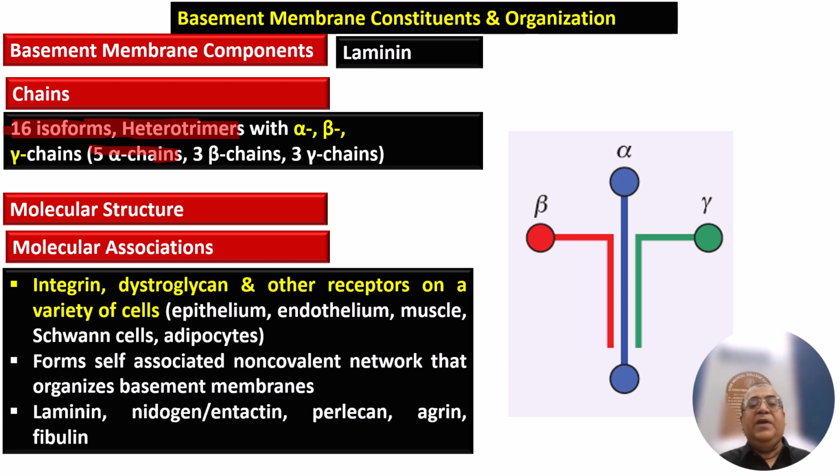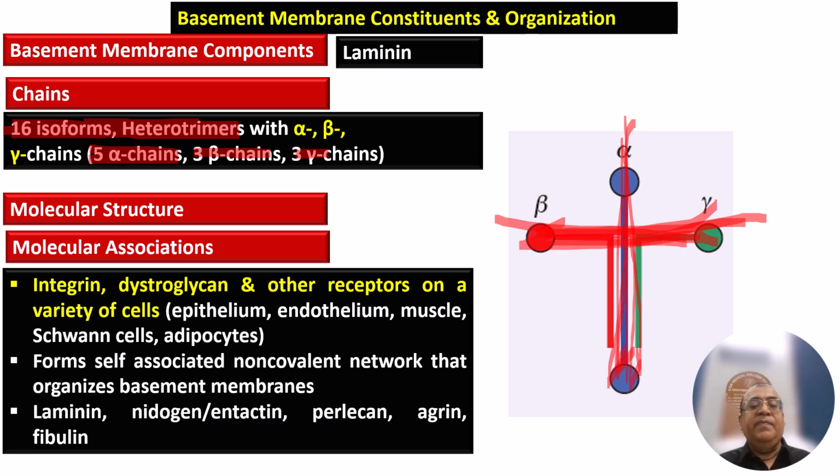There are 5 types of alpha chains, 3 beta, and 3 gamma chains identified. So this is its molecular structure. It is a cross-like structure basically, and these alpha, beta, and gamma chains form the cross-shaped appearance of the laminin molecule.